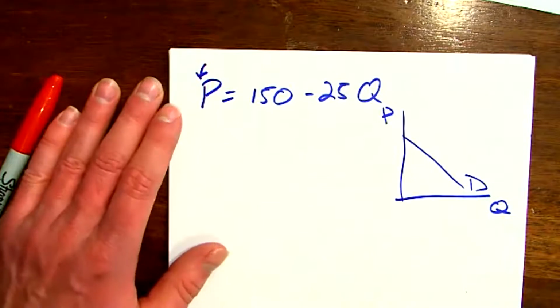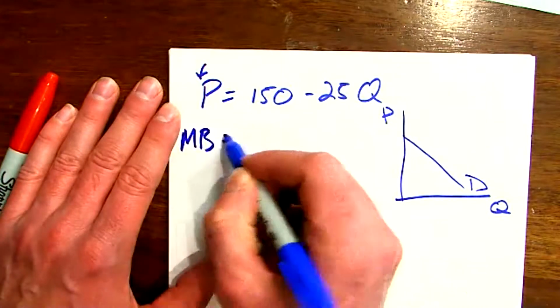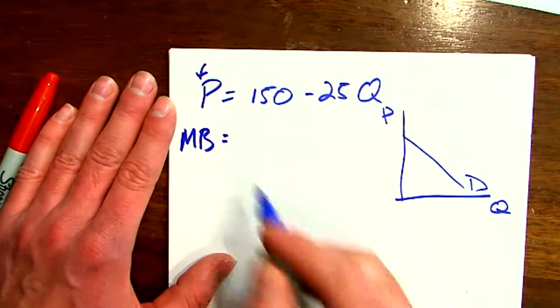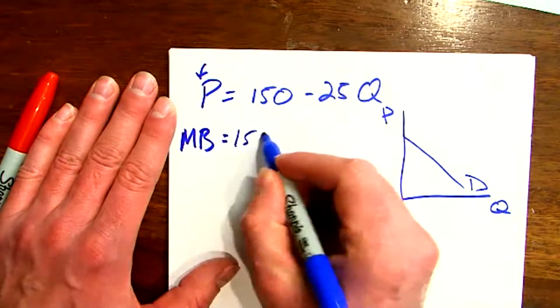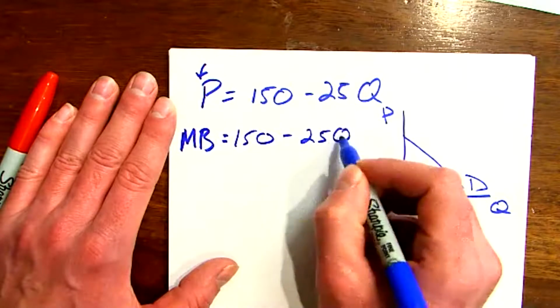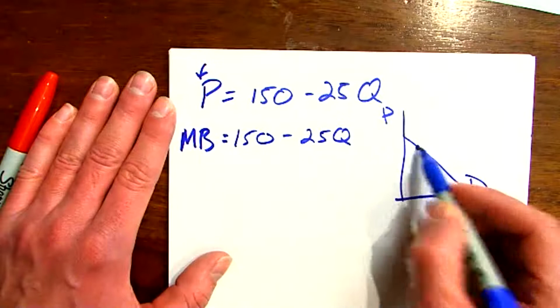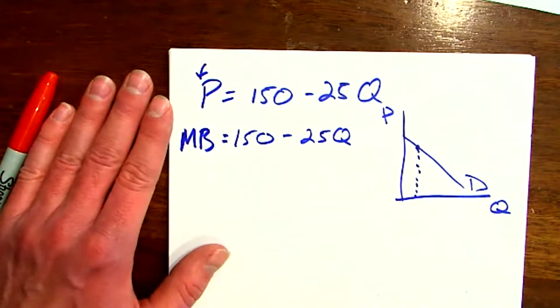And so the y-axis point is really just telling us how much someone would be willing to pay for that unit. So they'd be willing to pay up to exactly what their marginal benefit was. So we can think of the demand curve as really telling us the marginal benefit of each one of these units. So if we can only buy tickets in integers, I can't buy half a ticket.